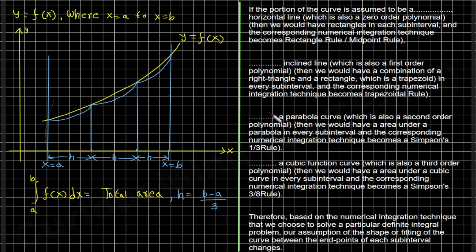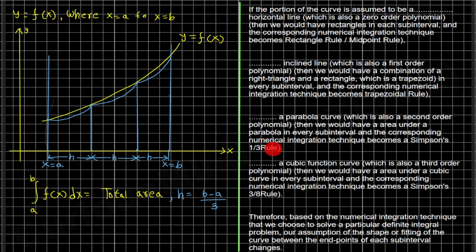If the portion of the curve is assumed to be a parabola curve, which is also a second order polynomial, then we would have an area under a parabola in every subinterval, and the corresponding numerical integration technique becomes Simpson's one-third rule.